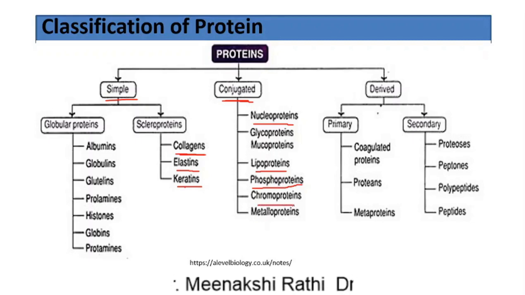While in chromoproteins, the prosthetic group is colored in nature. Chroma means color. Examples are hemoglobin and cytochromes. The next is metalloprotein.